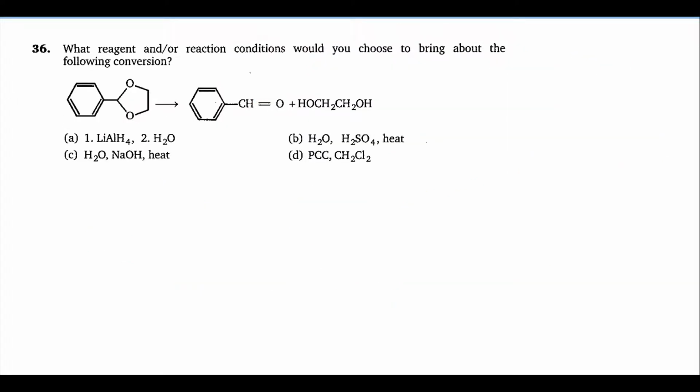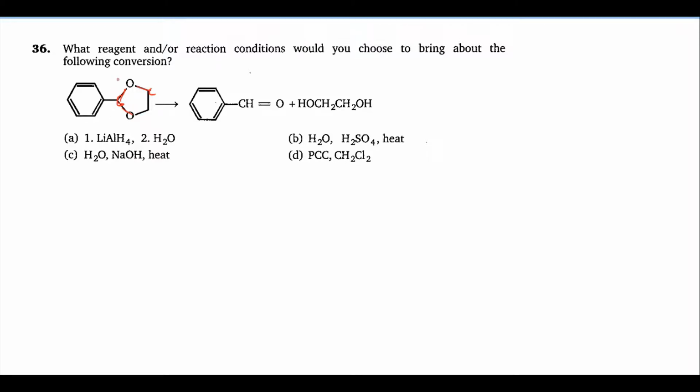Question number 36. This is also so simple, and you can see hydrolysis of hemiacetal takes place in acidic medium. This is hemiacetal, you can see here. Please think here, C, O, C, C, O, C. This is hemiacetal, so this is hemiacetal hydrolysis.